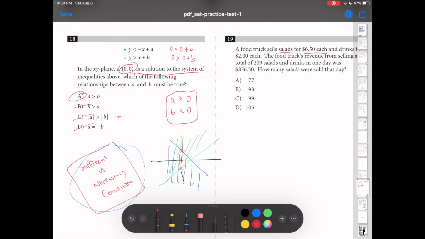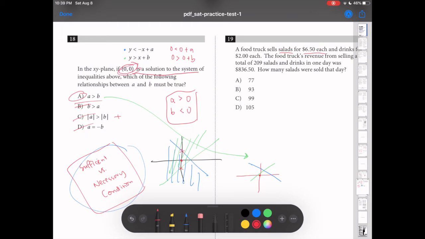Don't just directly graph this, because if you do, you might stumble across a case something like this. If a is greater than b, like this, in this case, a greater than b is still fulfilled, but (0, 0) is not included in this set.